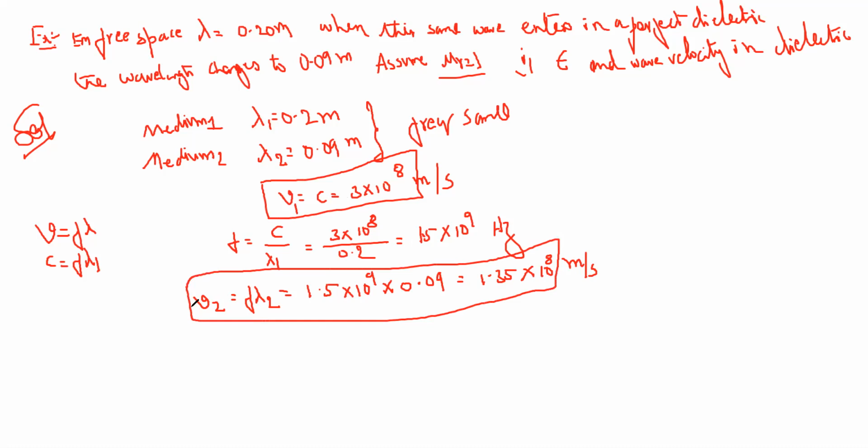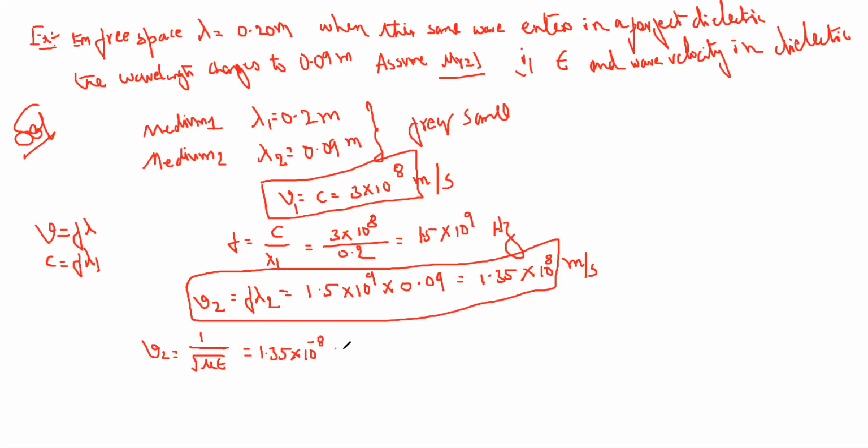But the velocity of propagation can also be expressed using this formula: V2 is equal to 1 by under root of mu epsilon. The V2 we got as 1.35 into 10 to the power of 8.